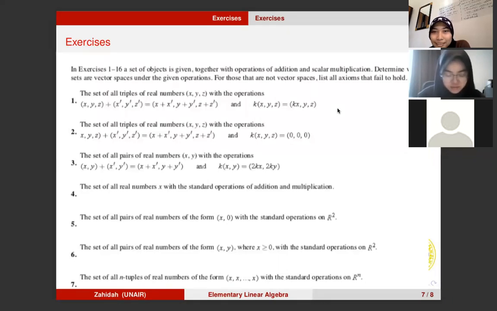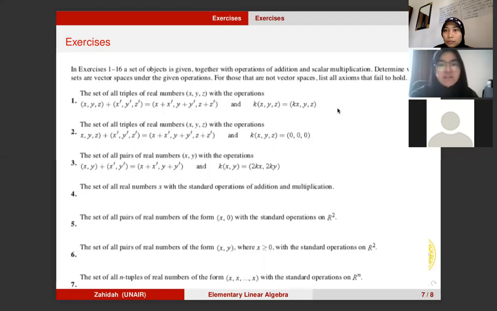Axiom 7. Wait, which axiom is 7? Alasan doesn't remember the axiom. Axiom 7: k times (u plus v), right? Yes. So we need to write the composition, using axiom 7.